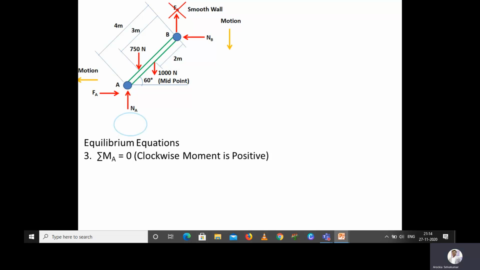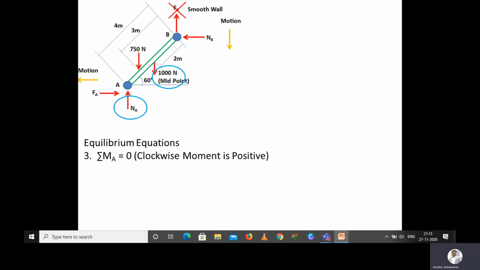The first one is Na, which is acting perpendicular, but it is acting at point A itself, so it won't create any moment because the perpendicular distance from point A to the normal reaction A is equal to 0.